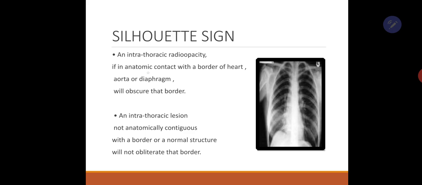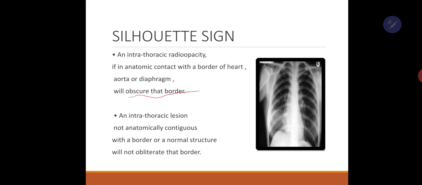So what is Silhouette sign? An intrathoracic radiopacity if in anatomic contact with the border of heart, aorta or diaphragm will obscure that border. So if there is an intrathoracic abnormality and if it is in contact with any of the borders of heart or contact with diaphragm or contact with aorta, it will obscure that border.